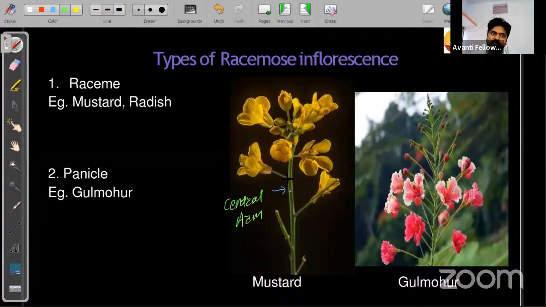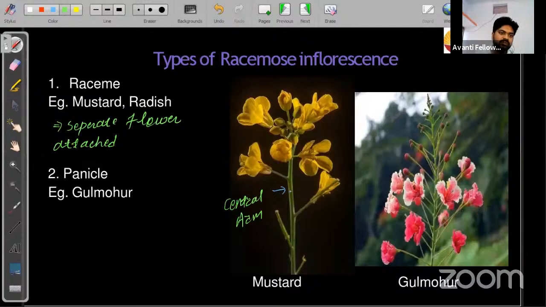In the case of raceme, I am writing here: a flower cluster with separate flowers attached to a central arm. That is known as the raceme.